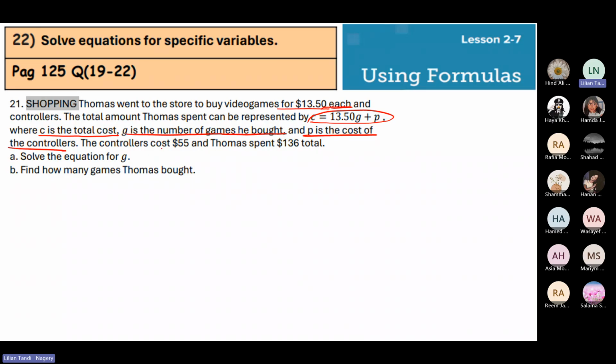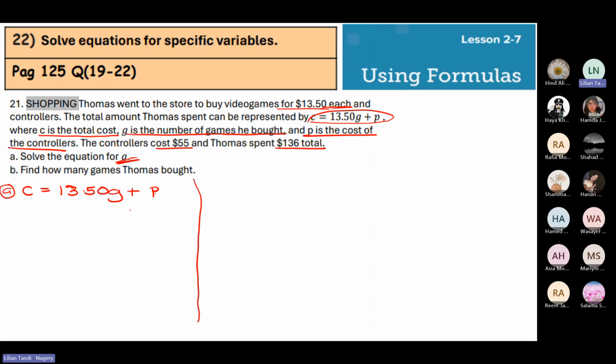The controllers cost $55, and Thomas spent a total of $136. Solve the equation for G. So the equation is, this is part A, C equals $13.50 G plus P. I want to solve for G.